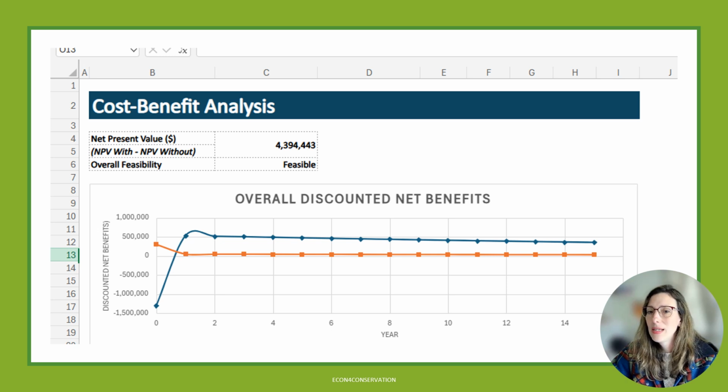It indicates that under the assumptions we considered, the NPV in the scenario where the protected area is established is 4.4 million greater than the NPV in the scenario without the protected area.